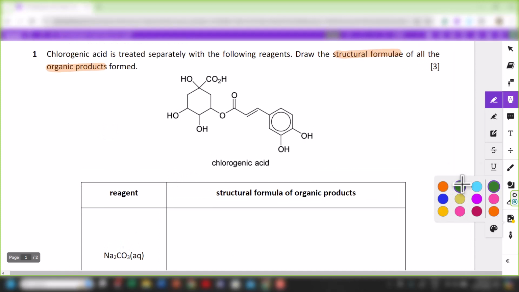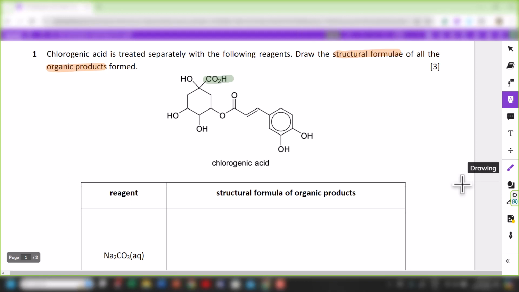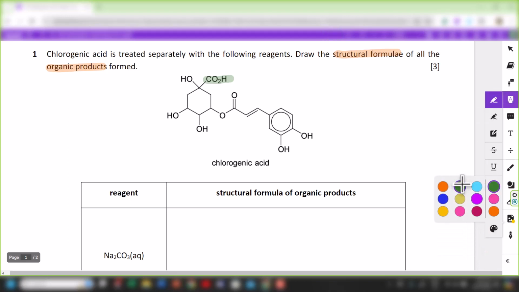Then, as per all questions related to reagents and conditions and drawing of the products, it will be very helpful to go through and maybe to revise the functional groups present in chlorogenic acid. So over here we have carboxylic acid. Then we have two phenolic OH, so these two are phenolic OHs. So I'm just going to highlight them.